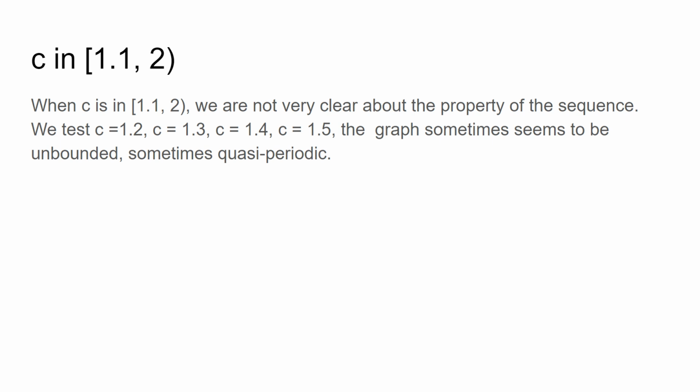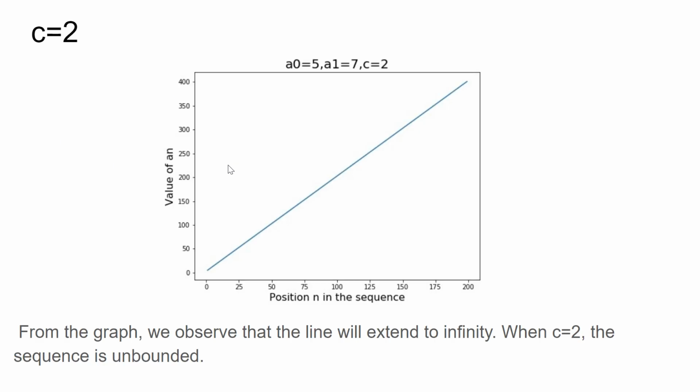The graph is sometimes unbounded and sometimes quasi-periodic. So until now, we're not very clear about the property of the sequence when c lies between 1.1 and 2. So maybe it's our future research direction.